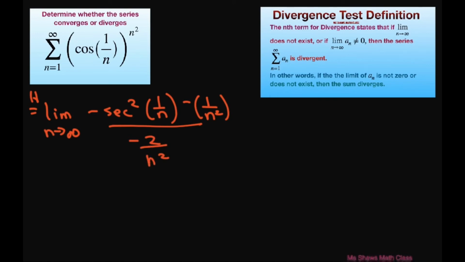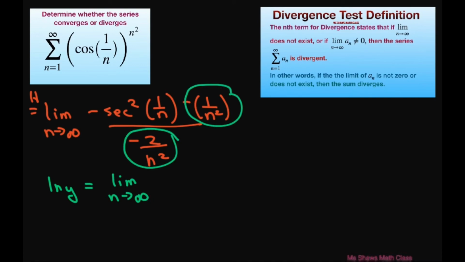This is going to give you ln of y, which equals the limit as n approaches infinity of, and we're dealing with these two right here now. So this is just going to give you negative secant squared of 1 divided by n, divided by 2. And basically I'm just crossing those out. All right. Now this is going to equal negative 1/2.